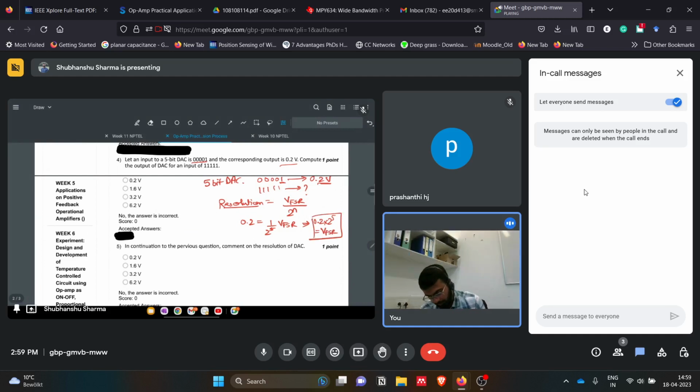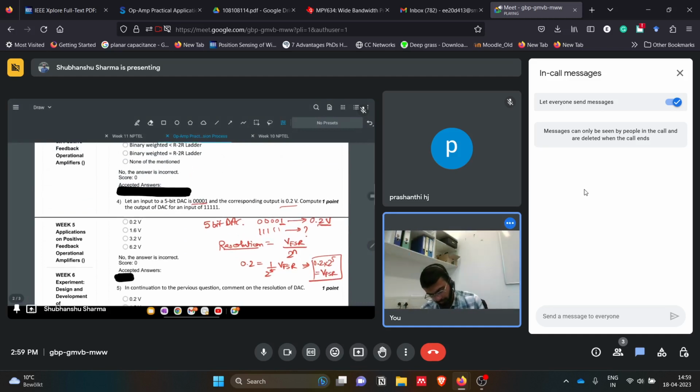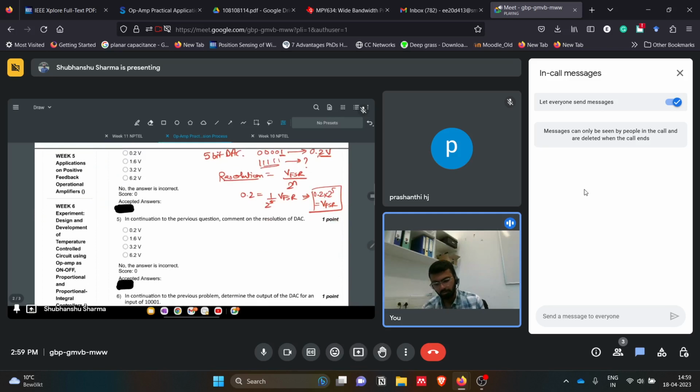Based on this we can calculate the value. We know the output equation for this DAC: VFSR into (2 to the power minus 1 B1 plus up to 2 to the power minus n Bn).